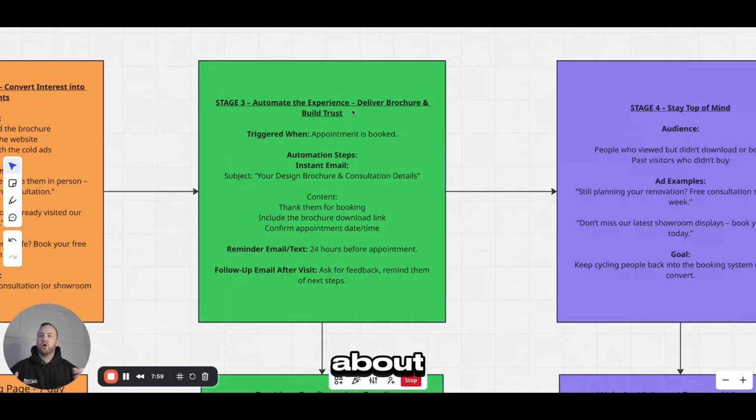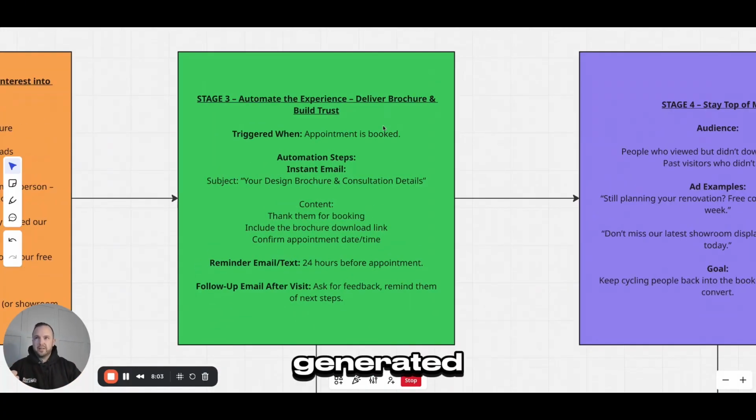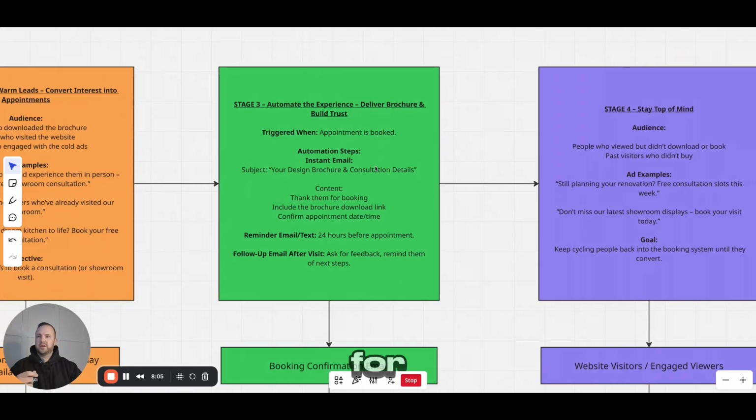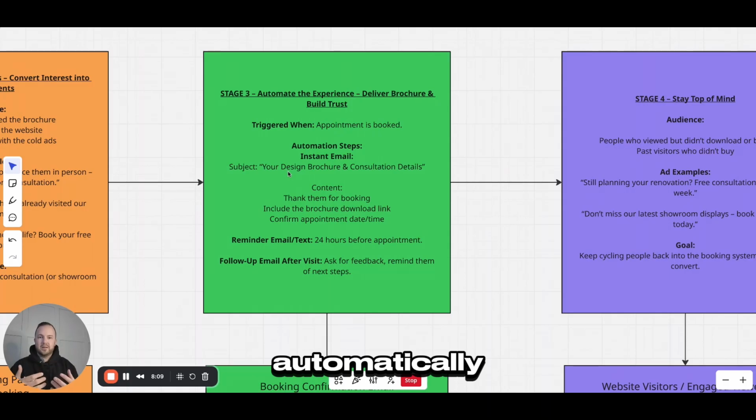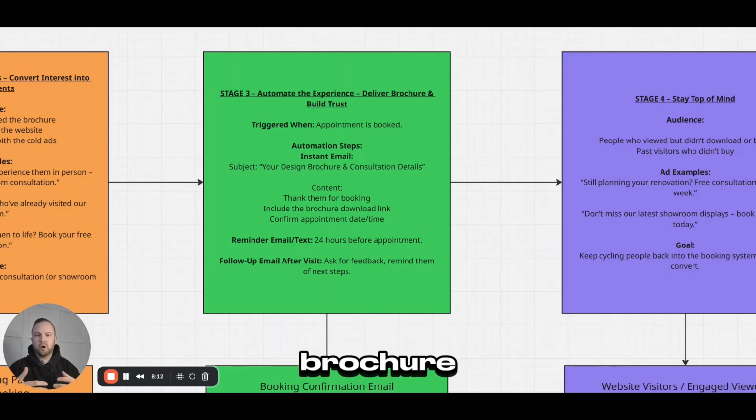Stage 3 is all about automating the back-end experience. So when the leads are generated, when the appointments are booked, for example, we will automatically deliver the brochure or the free piece of value to them. So again, as a trade business, what we really help our clients do is automate the things that they would typically manually have to do.